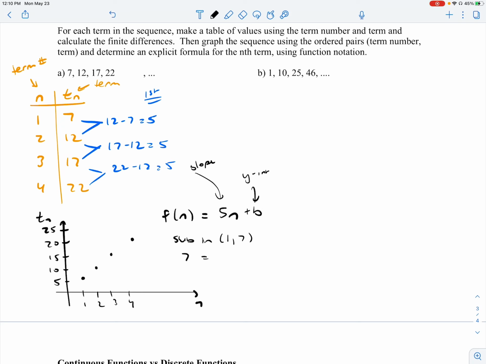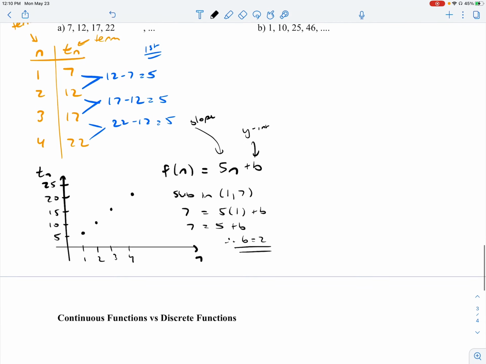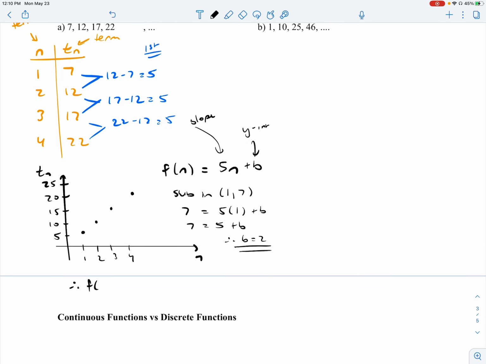So I'd have 7 equals 5 times 1 plus b. 7 equals 5 plus b, therefore b equals 2. Okay, so that means my final function is going to be 5n plus 2. Okay, I could also check this with another point as well too, like 2, 12, and see that I also get b equal to 2.